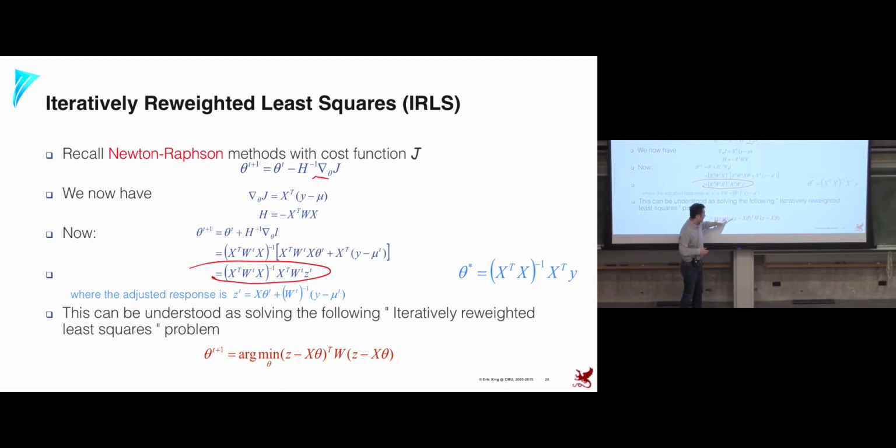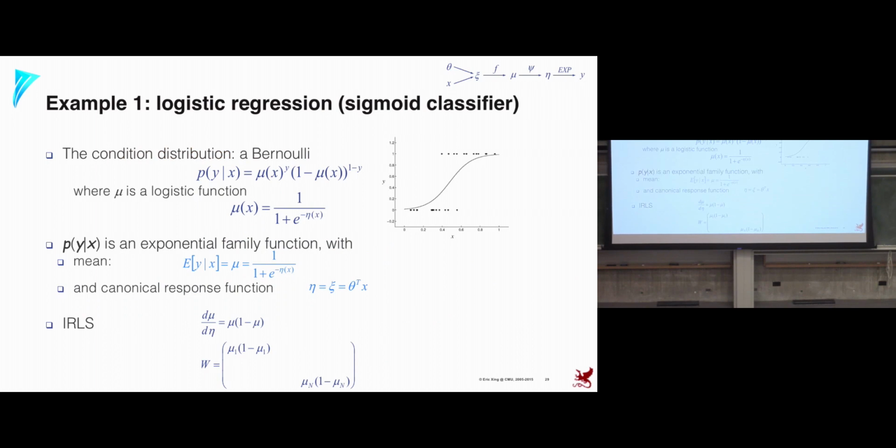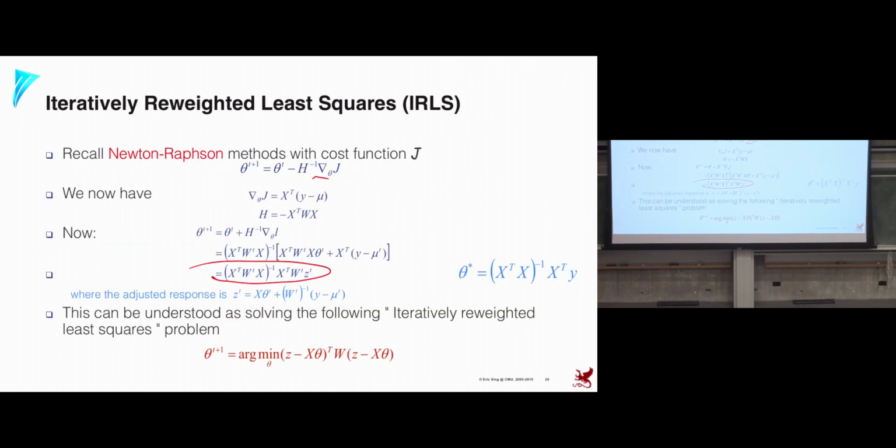But here the output Z is a reweighted version, and this is also a weighting matrix. So just very hairy, but that's where the name comes from. But the point here is not about diving into all these different details. It's about, again, the spirit of using exponential family distribution and GLM to derive something very generic.